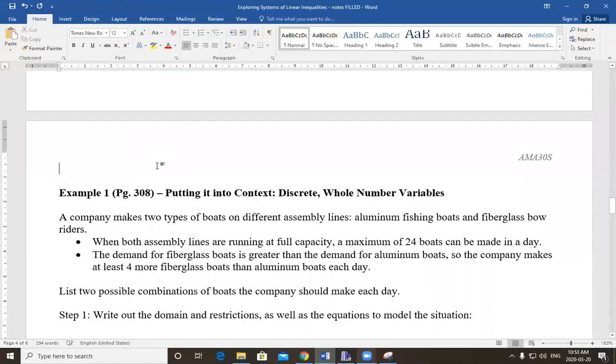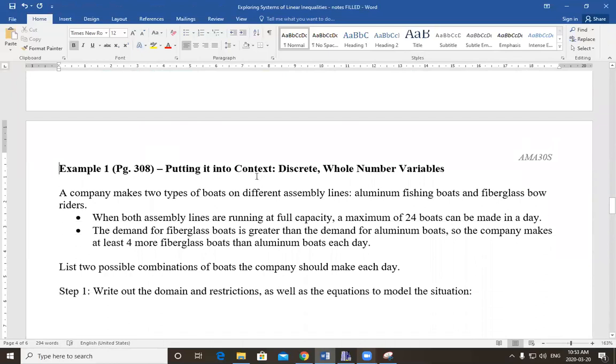So we are going to look at an example of putting systems of linear inequalities into context. So we are going to try to solve a problem that's going to essentially help a company that makes boats decide how many aluminum boats and how many fiberglass boats they should make per day.